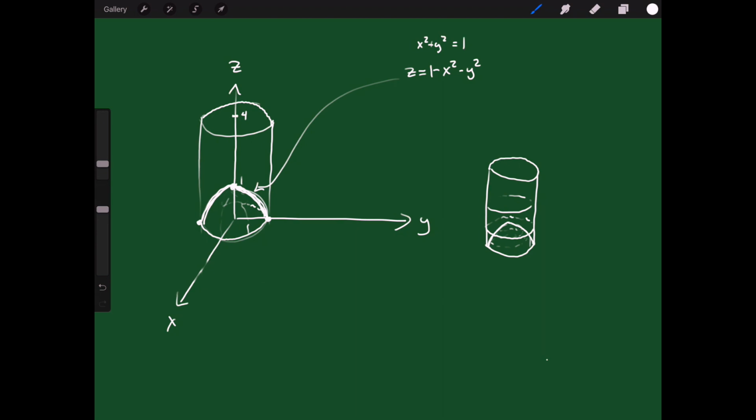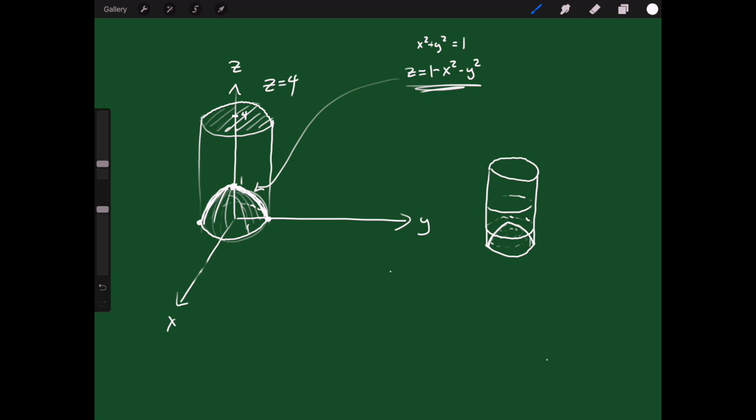That's not the function that I'm integrating. First, I think we are ready to set up the integral itself. I want to ask: is there a top surface and is there a bottom surface? Well, the top surface is up here, the plane z equals 4. And there is a bottom surface: it's this paraboloid, z equals 1 minus x squared minus y squared.